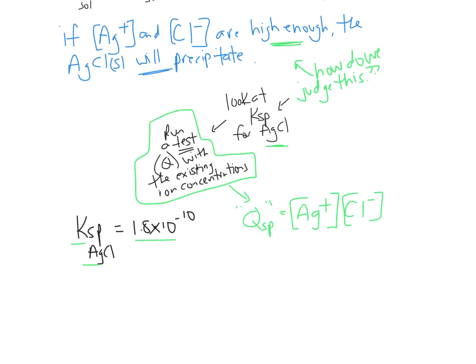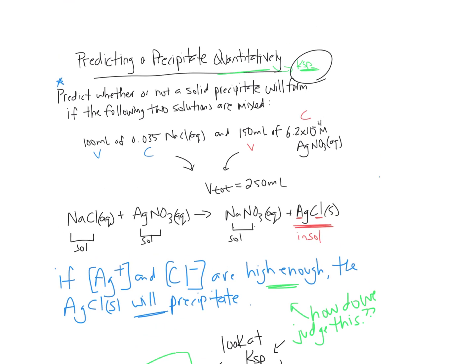So to find out the concentration of the silver ion, I'm just going to work aside over here, okay? Concentration of the silver ion, we know is going to be the moles of silver ion that was in there over the total volume. The moles of the silver ion are going to be concentration times volume.